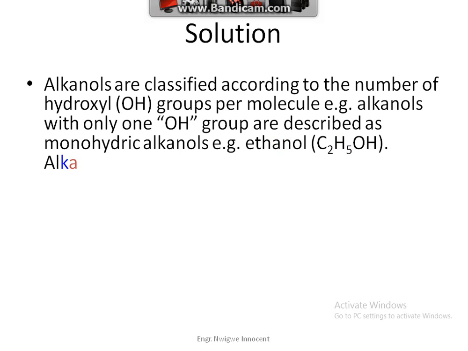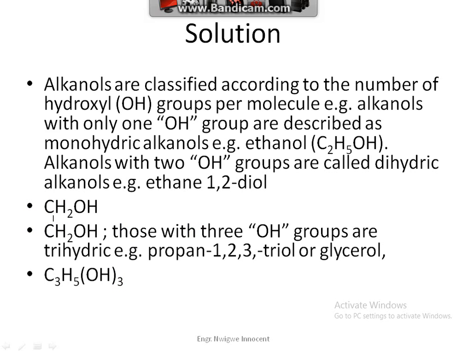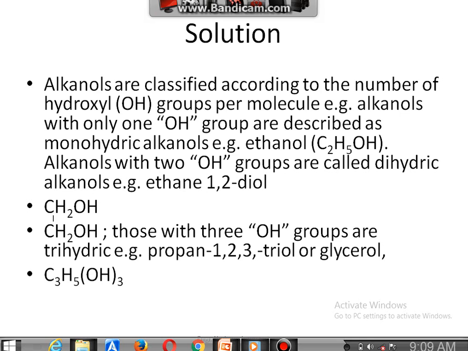For example, alkanols with only one hydroxyl group are described as monohydric alkanols, for example ethanol, C2H5OH. Alkanols with two hydroxyl groups are called dihydric alkanols.